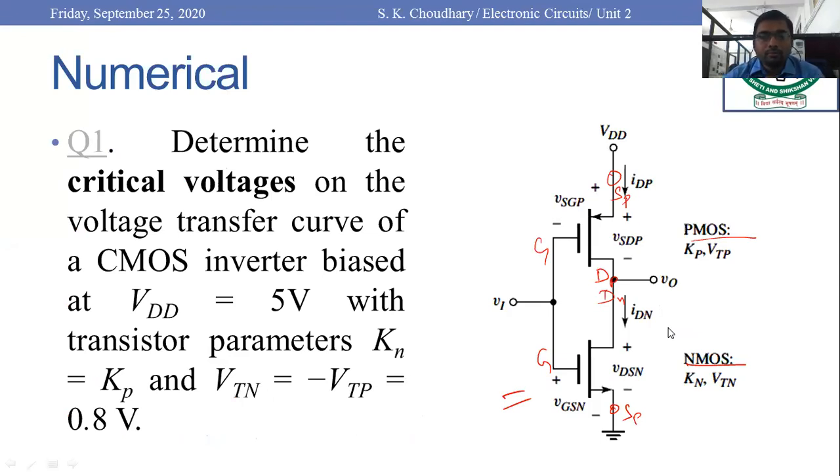To solve this numerical, we first write the input voltage equation.